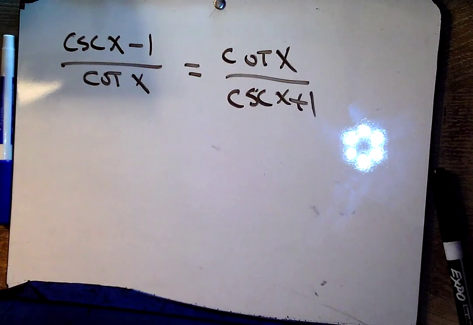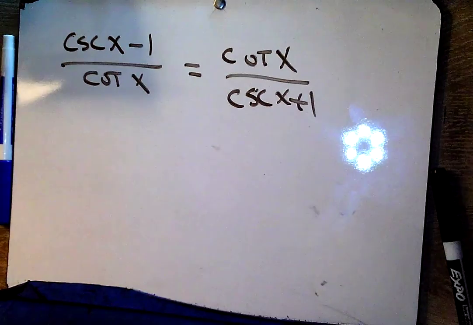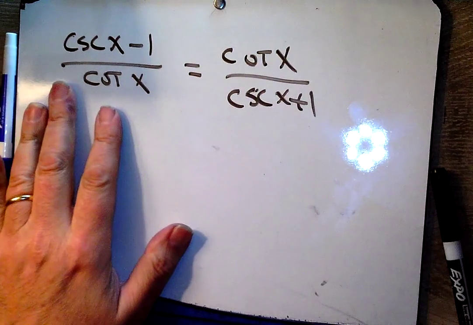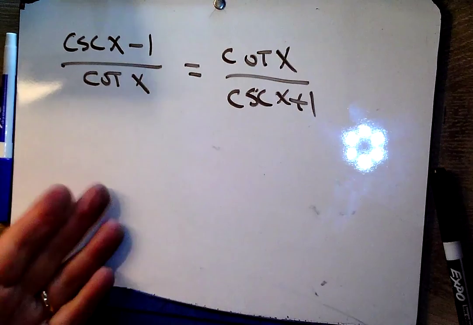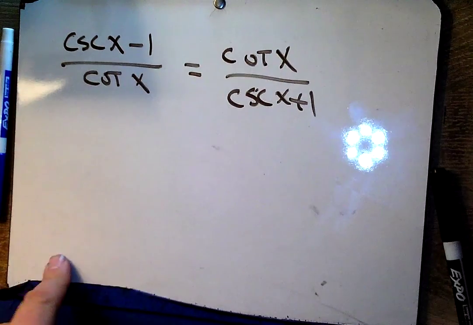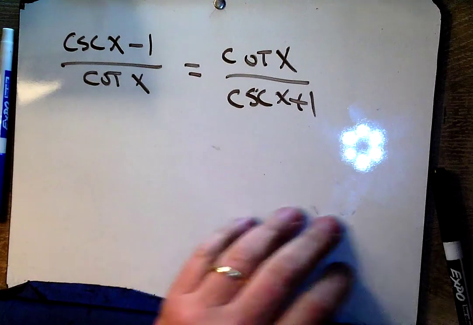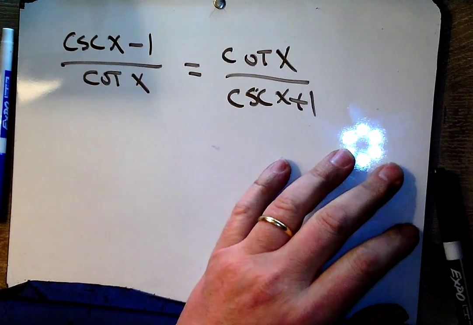If you were really looking to make life hard on yourself, you could turn all of these into sines and cosines. But when you do a bunch of work, you've still got sines and cosines. So even when you are getting someplace, you're still going to have to take time to reconvert back into cotangents and cosecants. I don't recommend that.